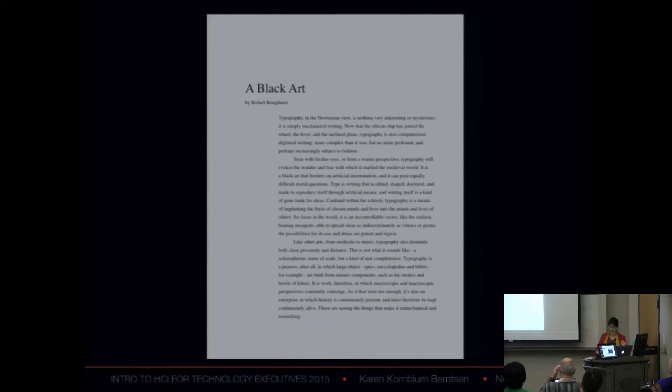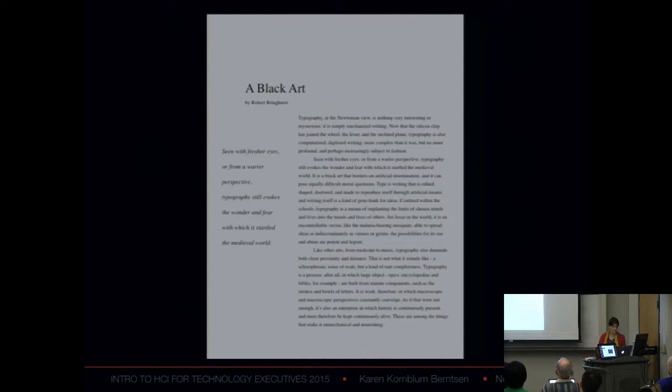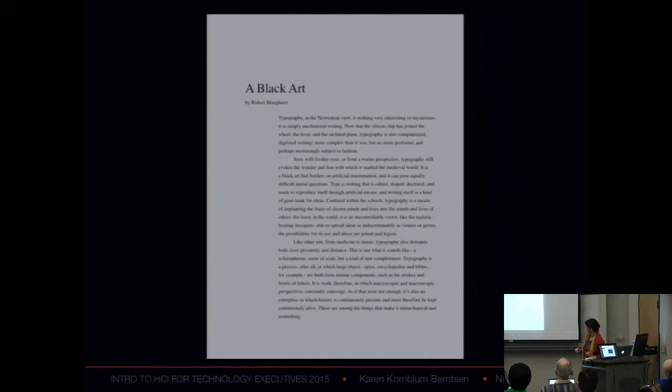Okay, so let's stay with the black art. Actually, let me go back a slide. We've lured people in with a black art, but the first sentence says, typography in the Newtonian view is nothing very interesting or mysterious. That cognitive dissonance might disturb some people or make them feel wrongly seduced by the title.